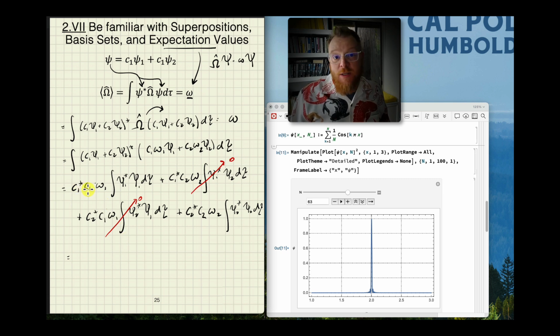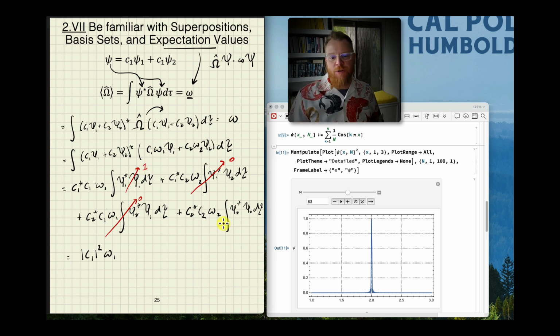C1 star C1 is just the square modulus of C1, times little omega 1. Because these are normalized, we know psi 1 star psi 1 just becomes 1; or rather, we impose that they're normalized. So this whole chunk dropped out to 0. Great. This whole chunk dropped out to 0.